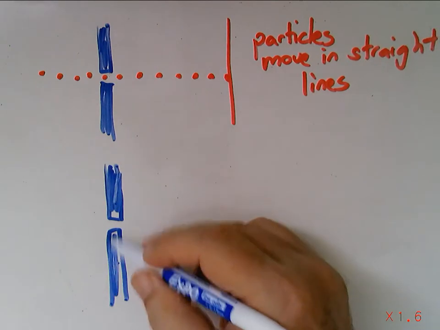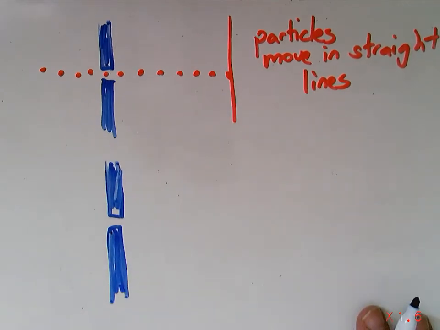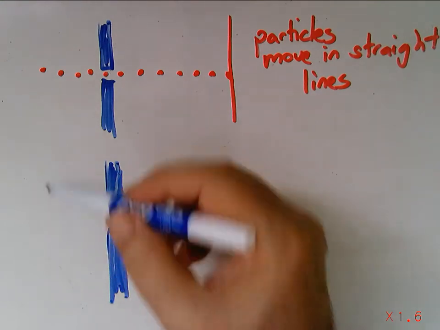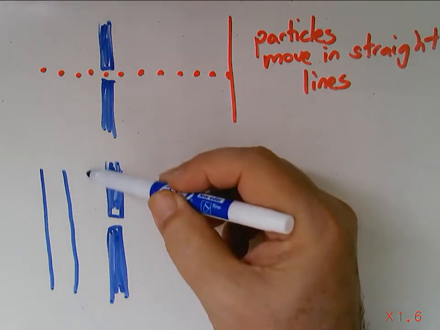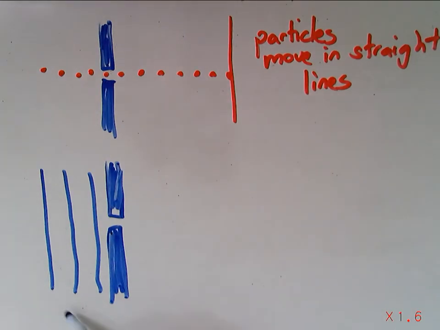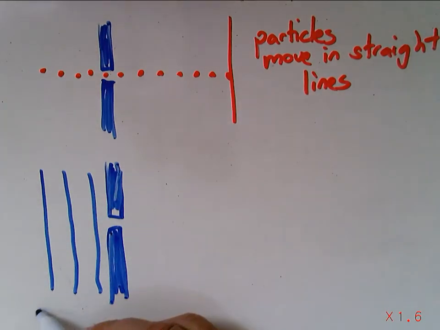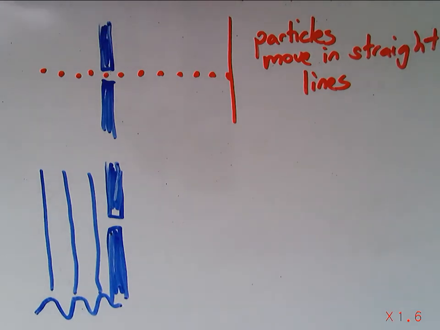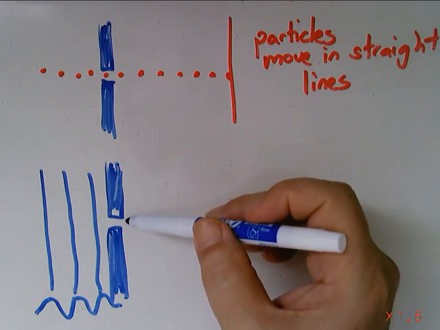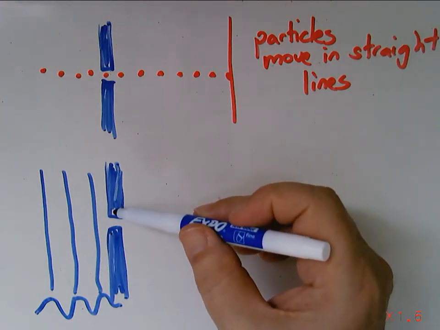Here's that slit again. Now, here I'm going to have a wave. Now imagine these are like water waves, and this line that I'm drawing is the top of a peak of water. So if you were looking at this from a side view, let me do like a side view here. It'd look like this. So you've got this wave coming in, and then it hits this little gap in the wall.